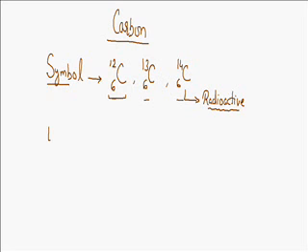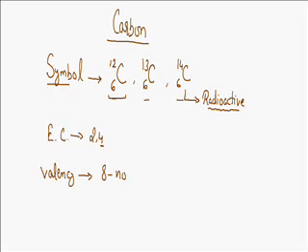Now if we see the electronic configuration of its general form, the electronic configuration will be 2, 4. With the help of this electronic configuration, we can calculate the valency of carbon. It has 4 valence electrons, so valency can be calculated as 8 minus the number of valence electrons.